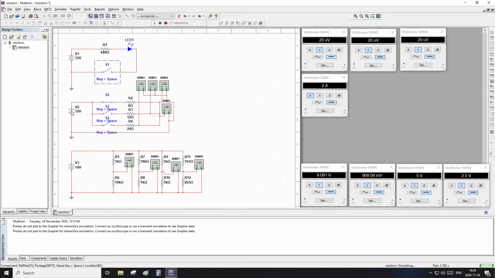You've got a 12 volt power supply and a 6 ohm resistance, so 12 divided by 6 is 2, hence the 2 amps. If we switch this one off and take a 12 ohm resistance, it's 12 volts divided by 12 ohms is 1 amp, or 990.991 milliamp. It's basically the same.